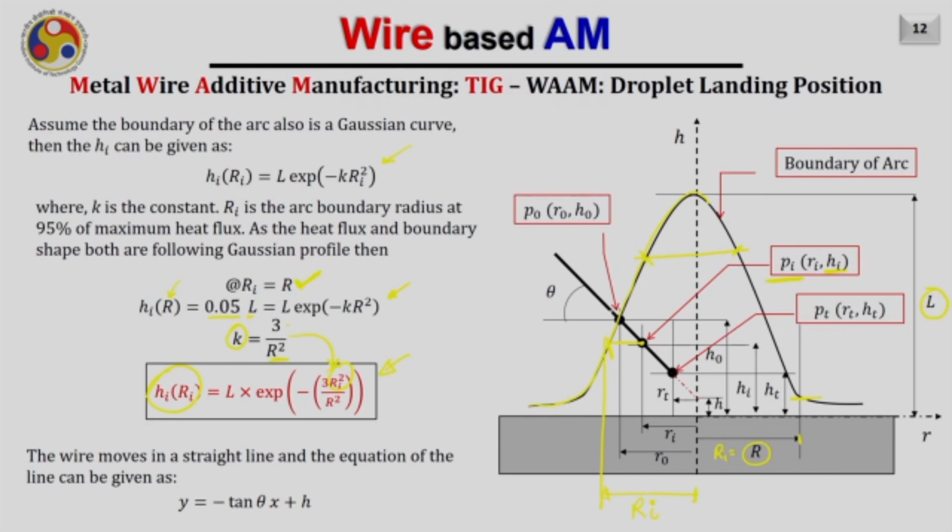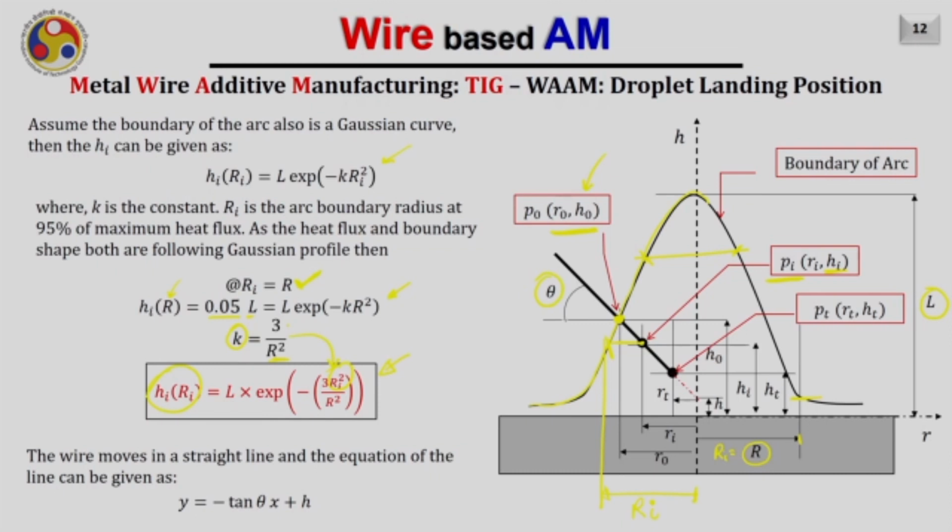Also, assume that the wire is getting entered into the arc at this particular point, that is represented by R naught, H naught, and it is going in a straight line. Now how can we find out the equation of this straight line? Assume that the wire is entering at this location and it is at an angle theta.